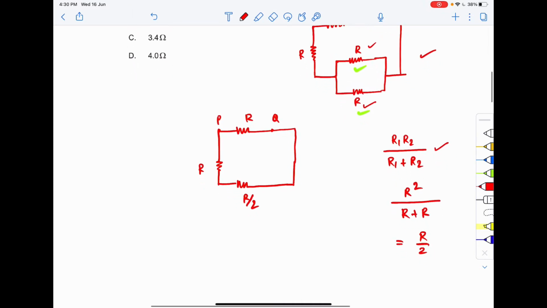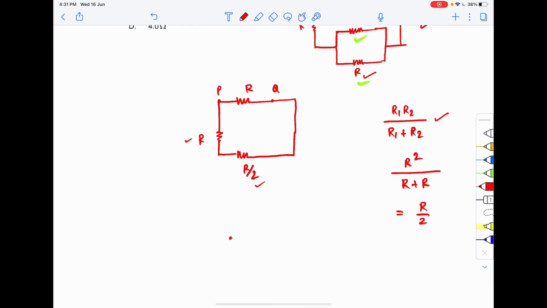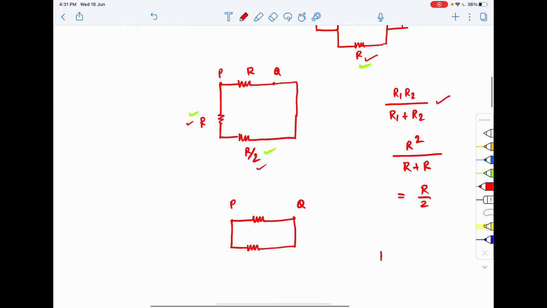Now after this I can write that this R and this R by 2 are in series. If I draw the equivalent circuit again, this will be P, this will be Q. This R and this R by 2 are in series, so the net equivalent resistance, by combining these two, will be R plus R by 2, which is equal to 3R by 2.